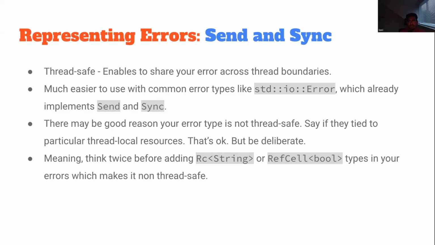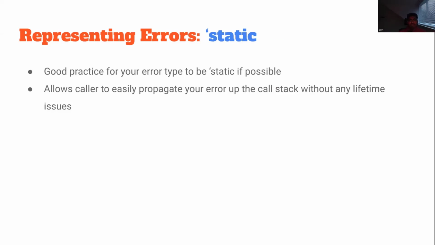So that's something to be taken into account. All these traits, we are doing it because it should fit well with the rest of the ecosystem. That's the goal. And finally, to play nice, make sure it has a static lifetime if possible.